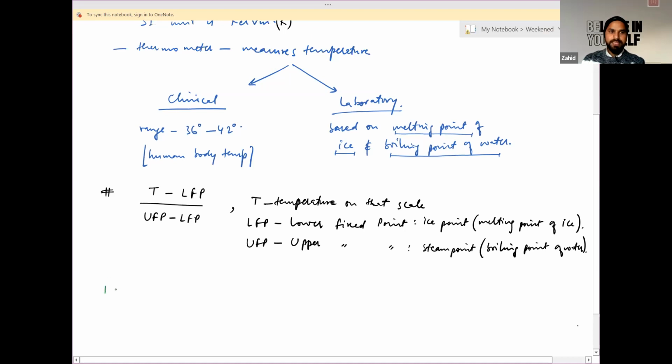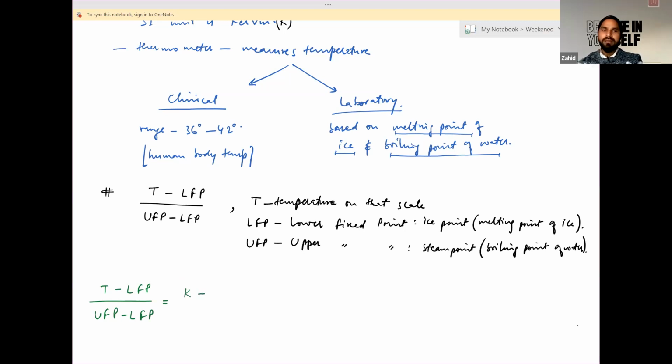Suppose (P minus LFP) divided by (UFP minus LFP) equals, if you are using the Kelvin scale, in terms of Kelvin we write K. The lower fixed point is the melting point of ice in Kelvin, which is 273, divided by the upper fixed point, which is 373 minus 273.